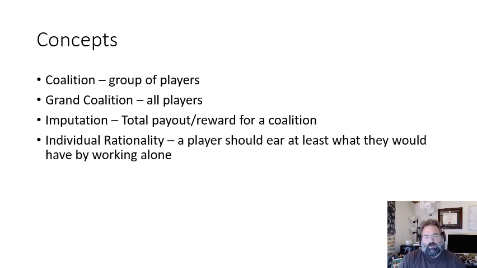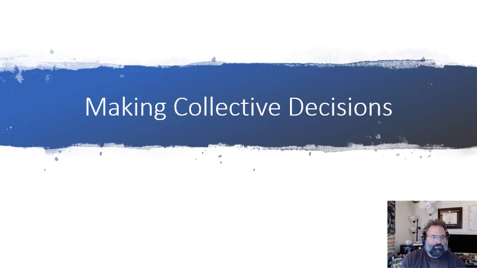And individual rationality means a player should earn at least what they would have by doing the work alone. So working together should result, from an individual rationality perspective, in being at least as good as if they had done it themselves.